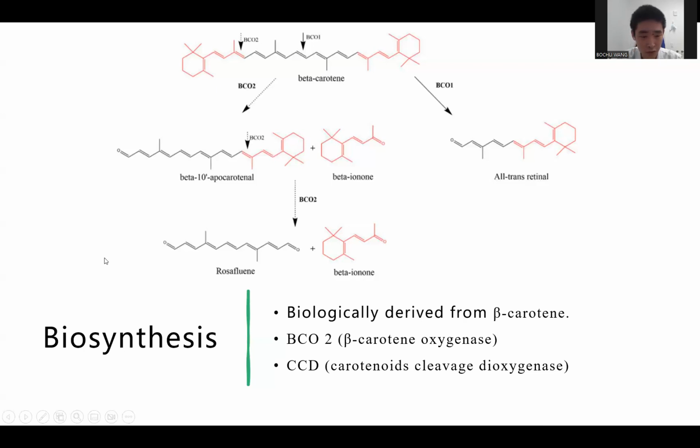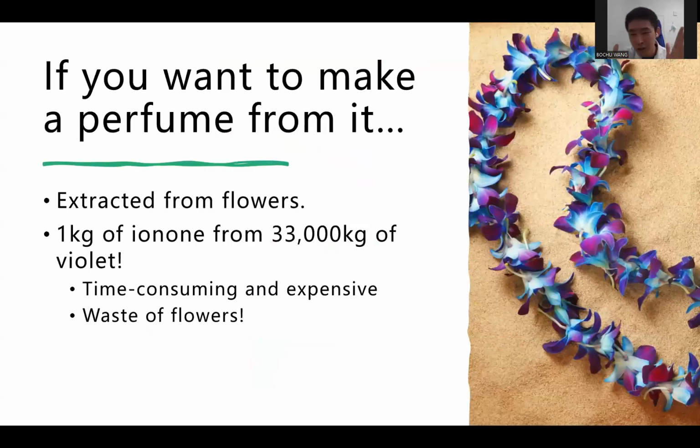So this is the biosynthesis, and we say that nature is the best organic chemist, although it is not really good at one thing, which is the yield. If you want to make a perfume out of ionone, you have to extract it from flowers, as Jordan also mentioned.